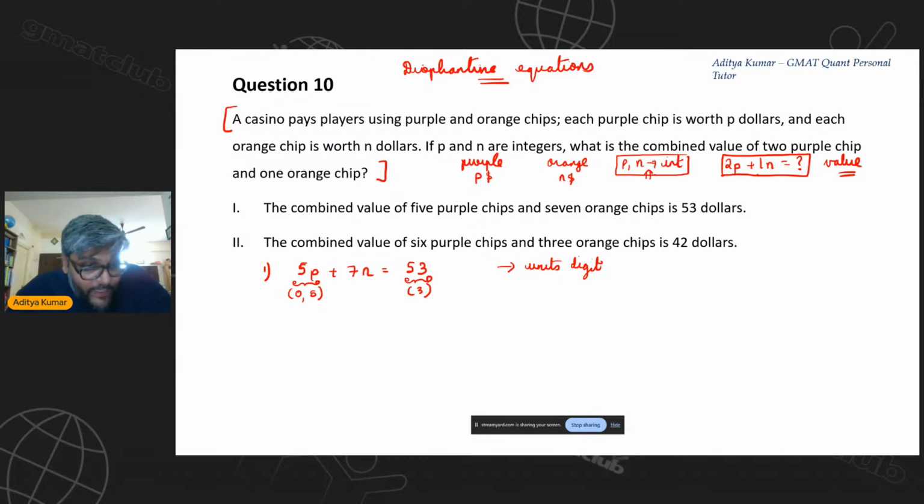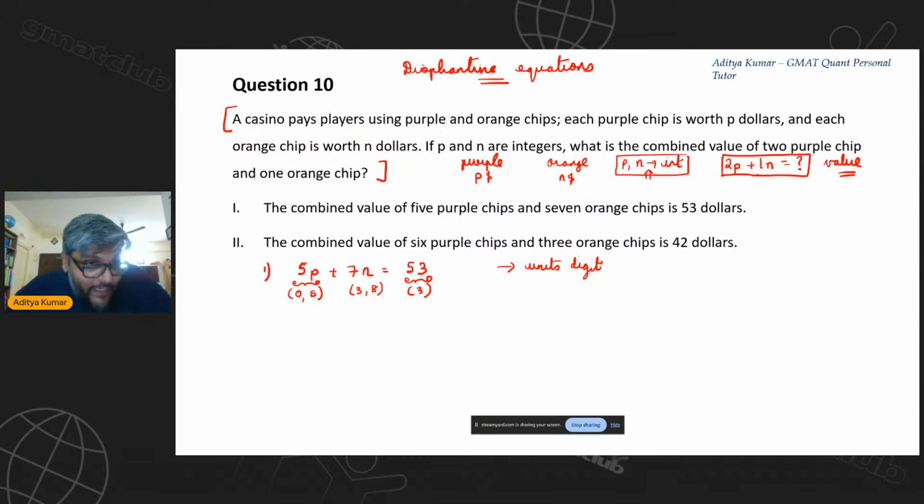So if 5p is always going to end with a 0 or a 5, 0 plus what should give me a 3? 0 plus 3 can only give me a 3. So 7n should end with a 3. And 5 plus what should also give me a 3? 5 plus 8 will give me a 13, which ends with a 3 again.